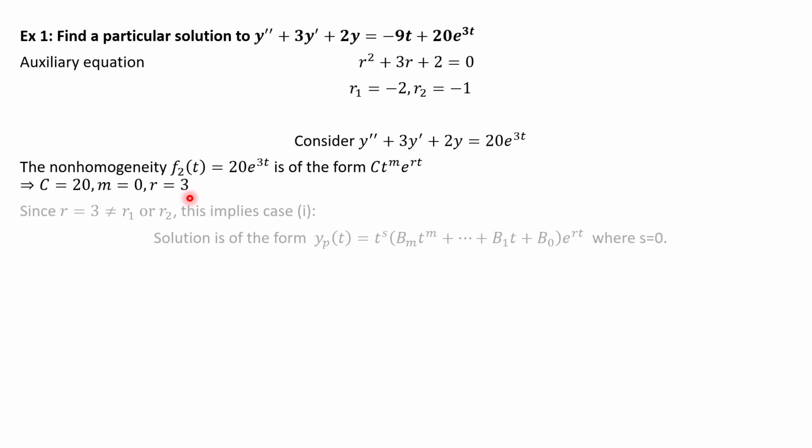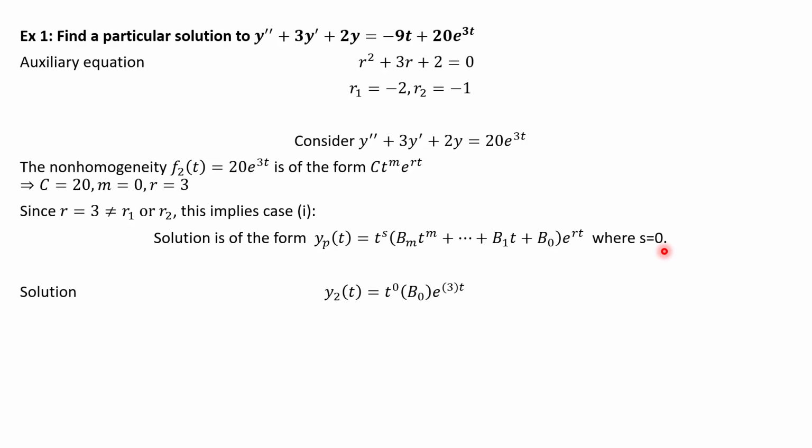And so remember what happens here. You compare your r value, from your non-homogeneity, to the roots of your auxiliary equation, because 3 is not the same as -2 or -1. That's case 1 again, and s is 0 once more.